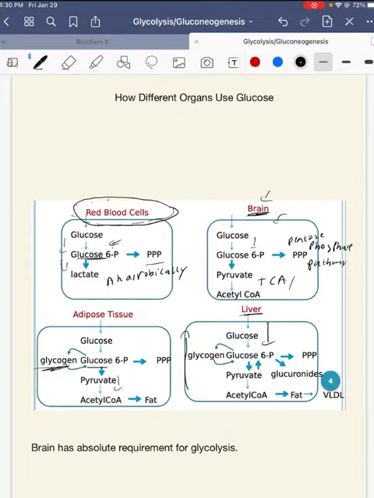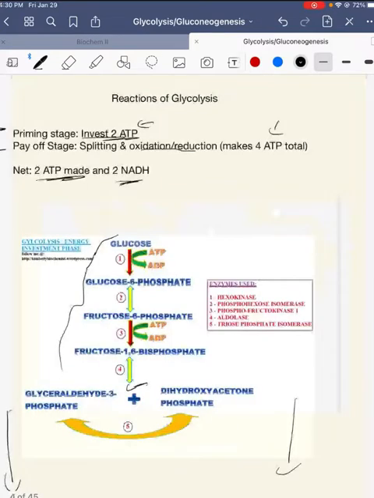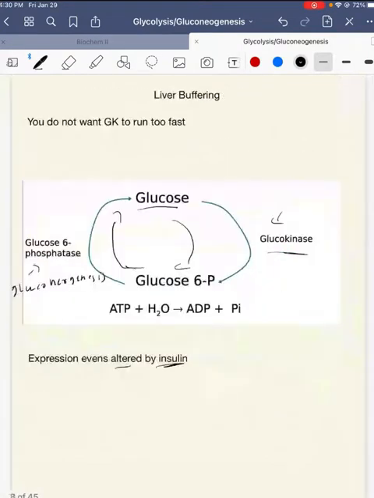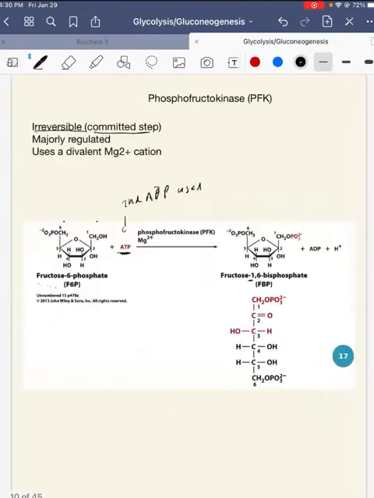There are other pathways not talked about here, but G6P can enter other pathways. Once we make this fructose 1,6-bisphosphate, we're committed to running glycolysis. That's the difference between a committed step and an irreversible step. A committed step is once you go through it, you're committed to that pathway. And it also uses the divalent Mg cation.